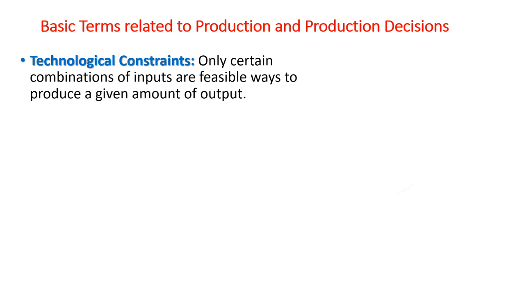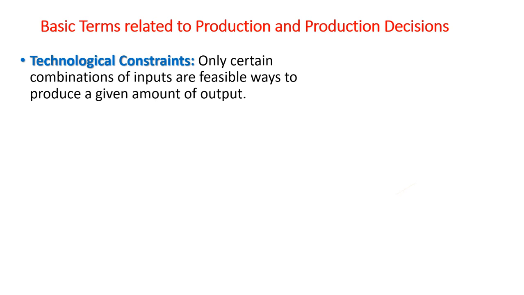It will be impossible for them to produce it, since for producing a car they need so many other things like plastic, iron, aluminium, glass, etc. Therefore, only certain combinations of inputs are feasible ways to produce a given amount of output.